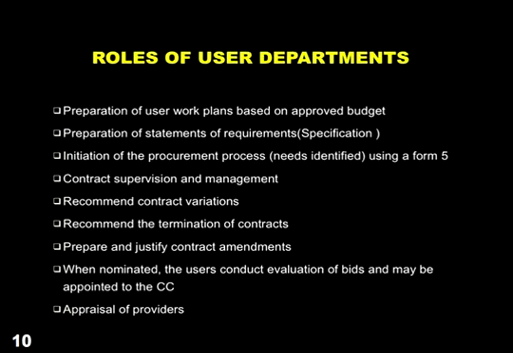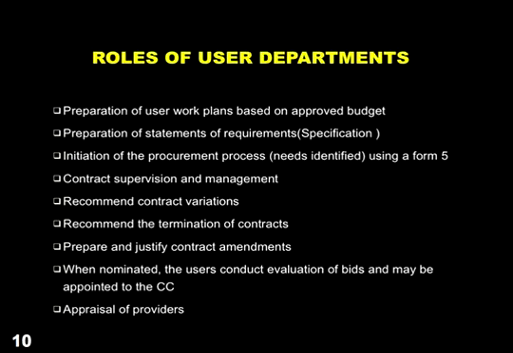The other one is about recommendation to terminate the contract. If the user feels that what he's receiving is not what he has requested, or this type of service that is being offered has not followed the terms of reference, it is the responsibility of the user department to recommend to the accounting officer that actually we need to terminate this contract.